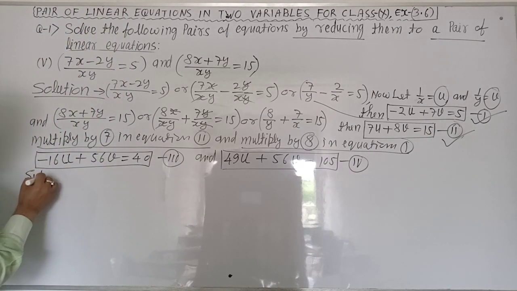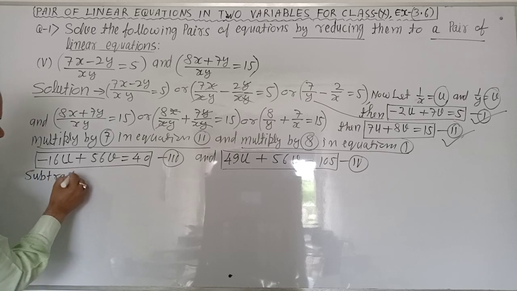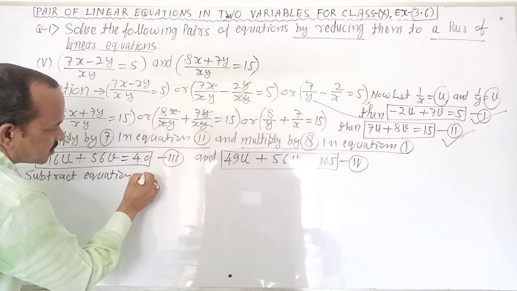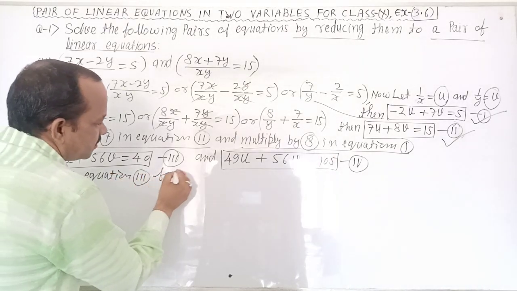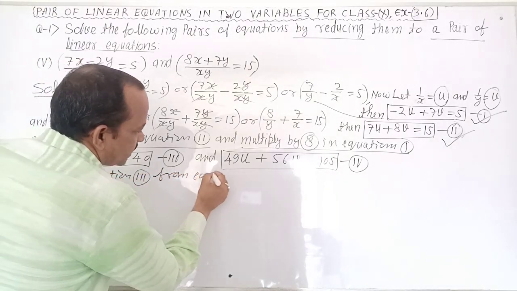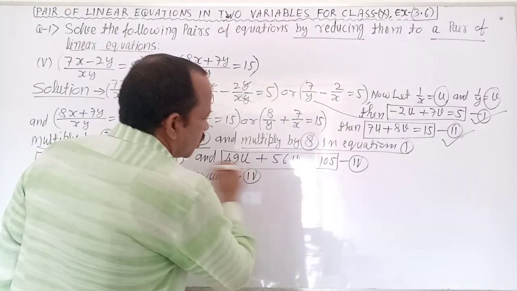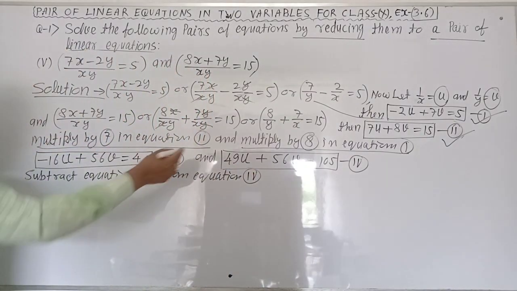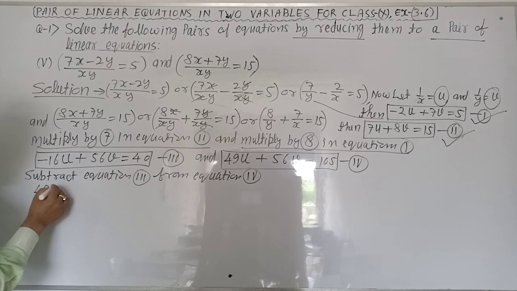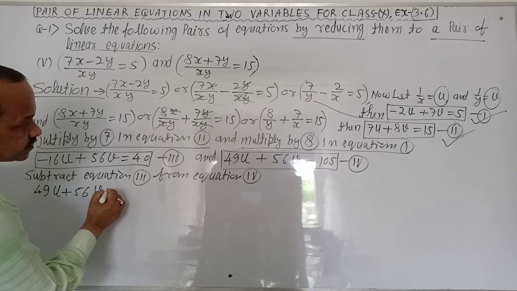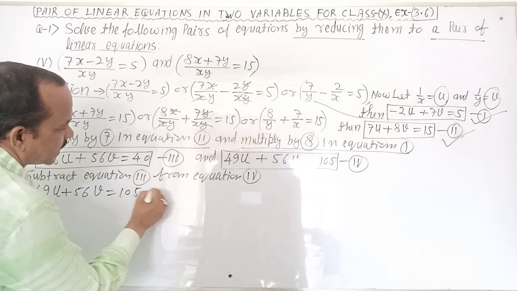Subtract equation third from equation 4. Clear? Equation 4 is 49u plus 56v equal to 105.